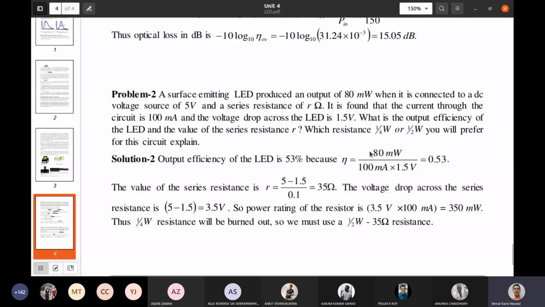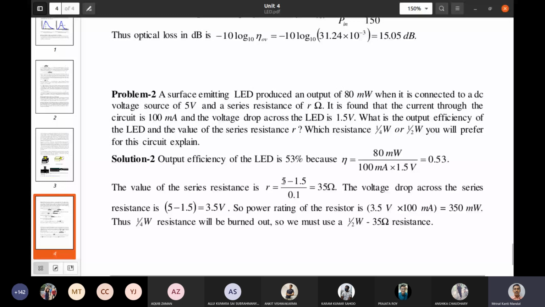The value of the series resistance R: it is a 5 volt supply and across the LED is 1.5 volt, so the remaining drop takes place within the resistor and it will produce 0.1 ampere current. So the resistance is 35 ohm.